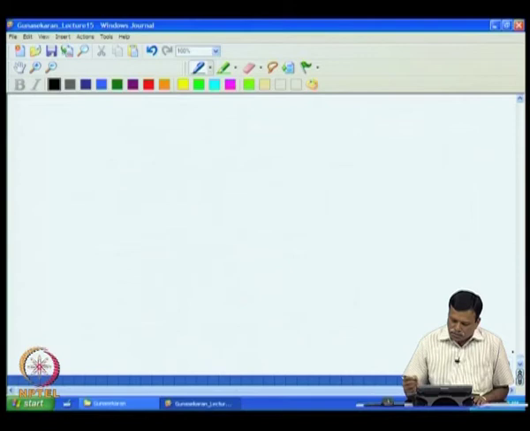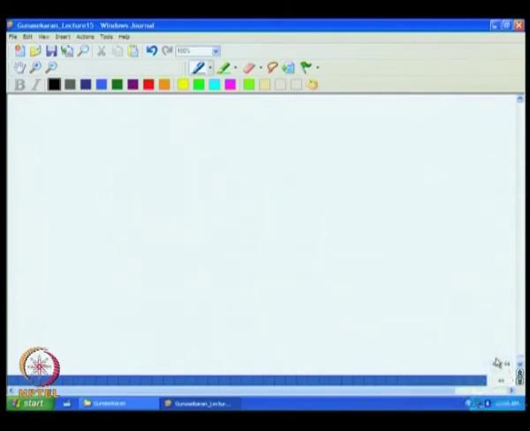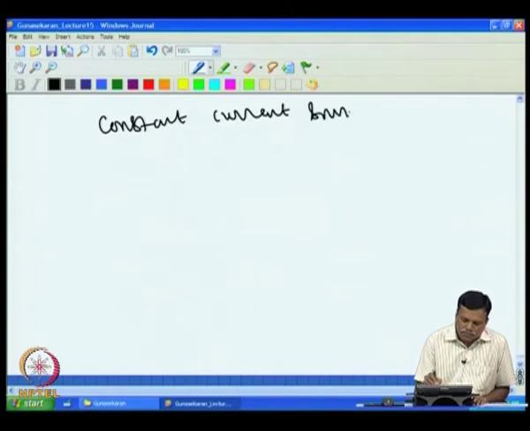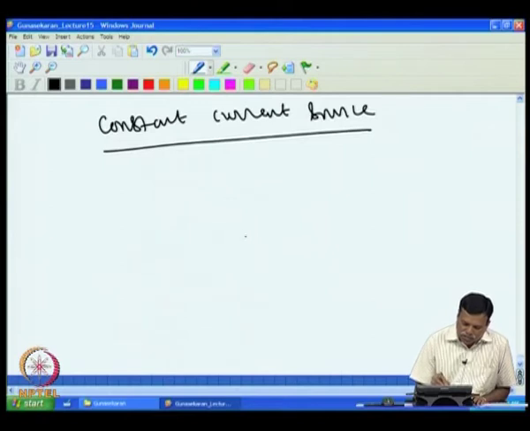So, now we explain what the current source is, and then what its properties are, so that we can design this converter which converts current into signal and power. So, basically we already discussed the current source once. If you look at the constant current source, for example, a typical constant current source looks like this.